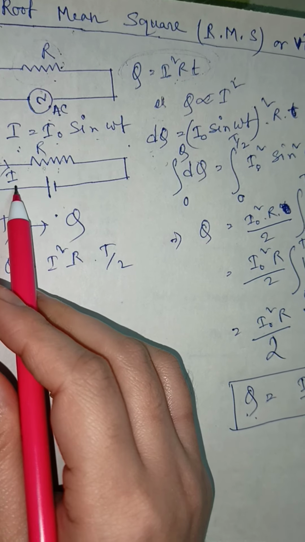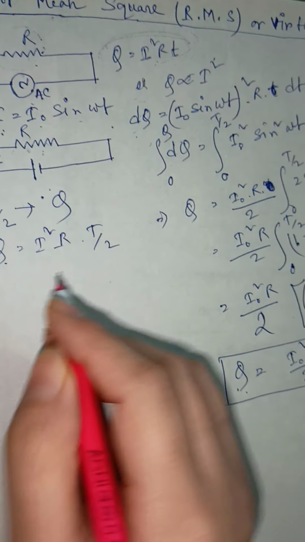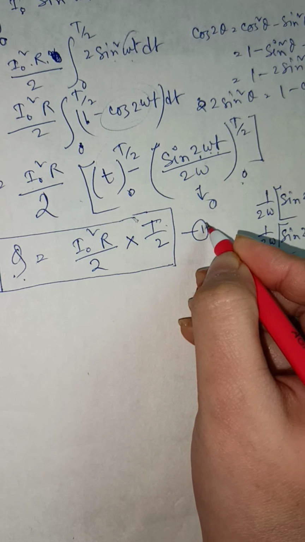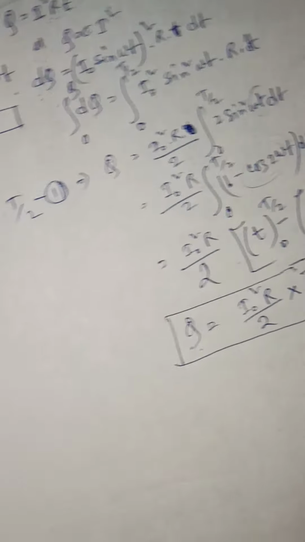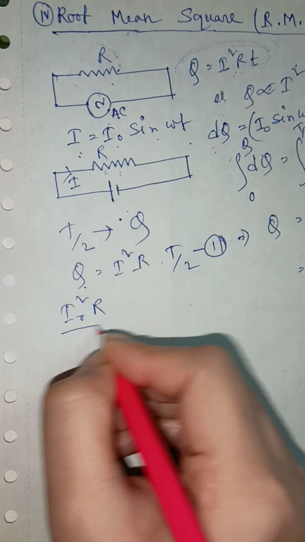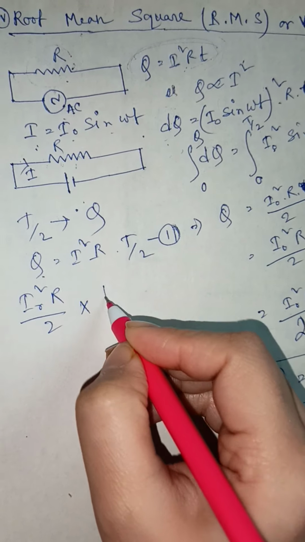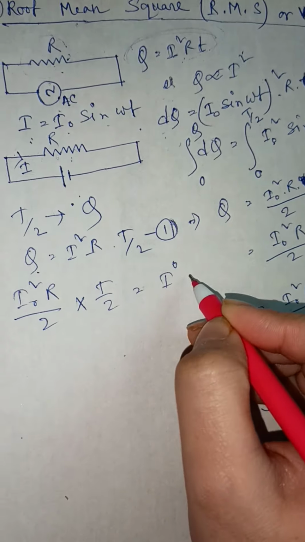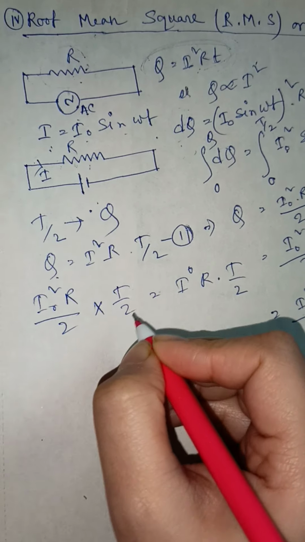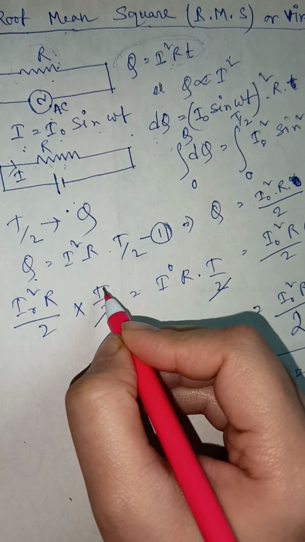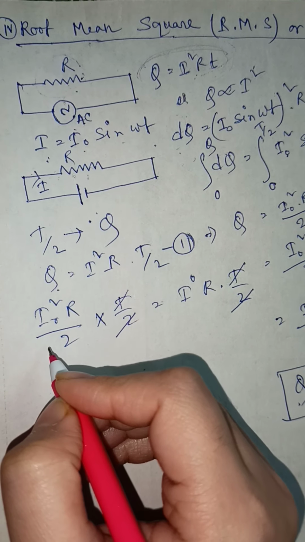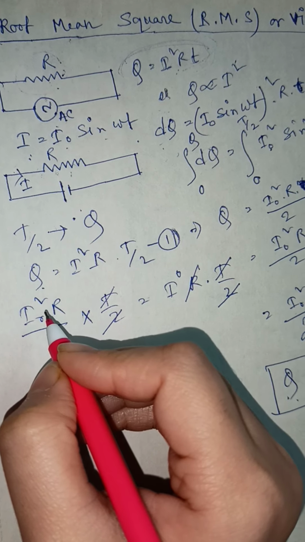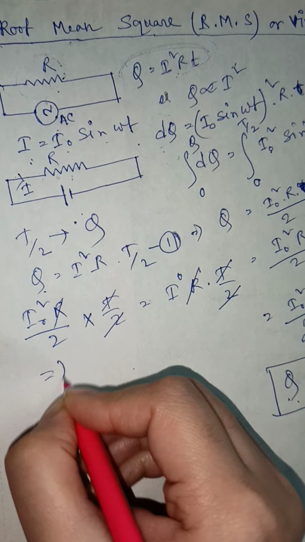And for this DC source, the current passing through the circuit is I. So if we compare these two equations, equation 1 and equation 2, then we will get I naught square R by 2 into T by 2 equals I square R into T by 2. Now 2 cancels, T cancels, R cancels.